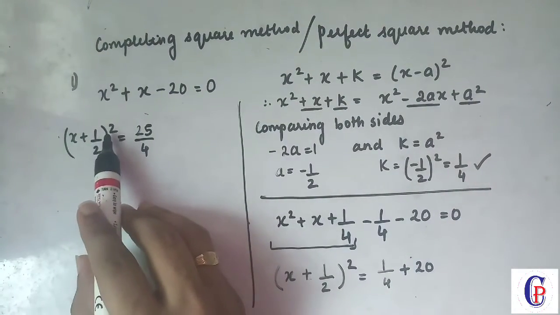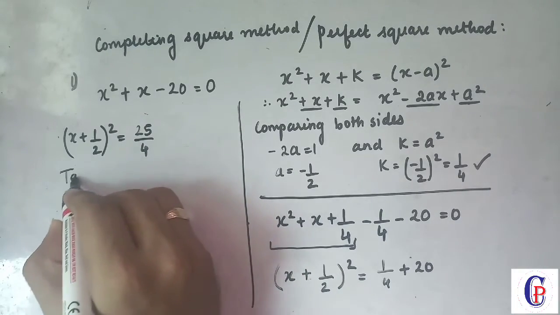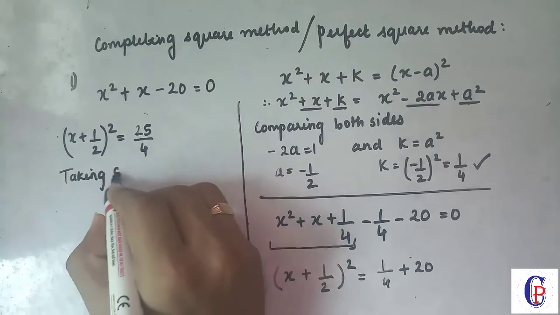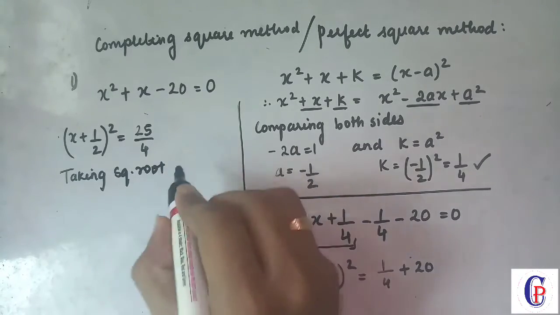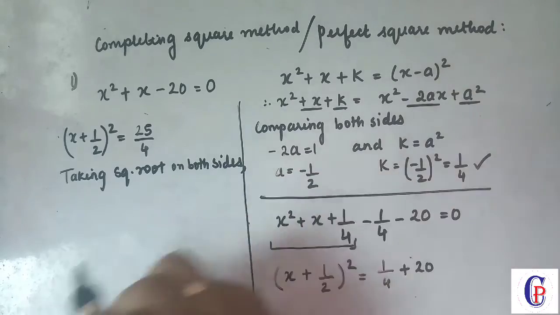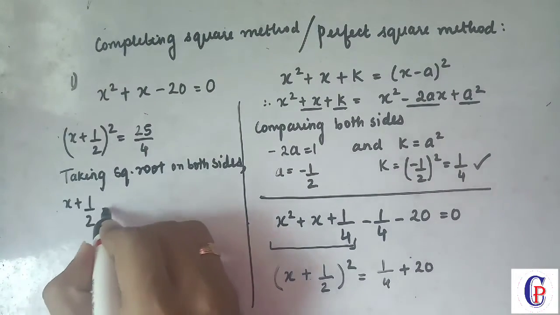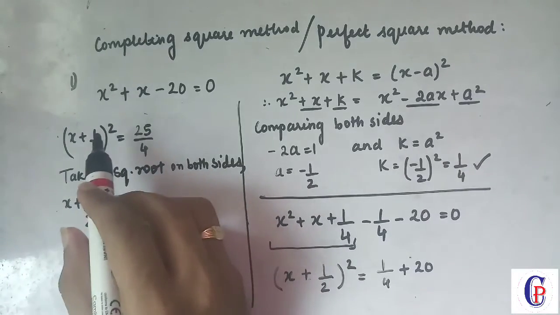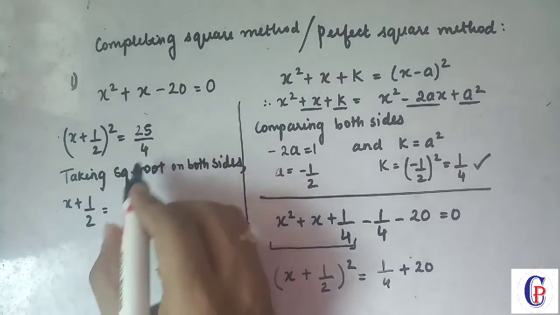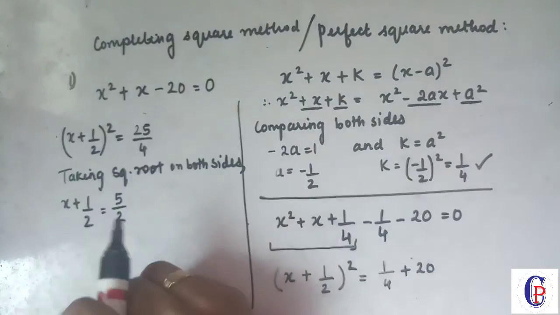So we have the square, we have to remove the square, so taking square root on both sides, we get x plus 1 upon 2, and 25 upon 4 will give you 5 upon 2, right?